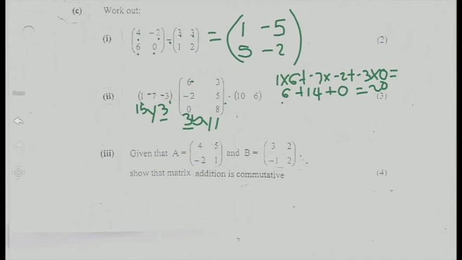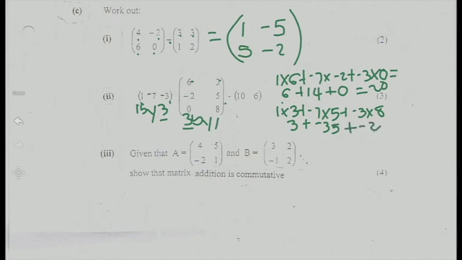Again, we must have a 1 by 1. It's 1 times 3 plus negative 7 times 5 plus negative 3 times 8. 1 times 3, we have 3. We have negative 35.